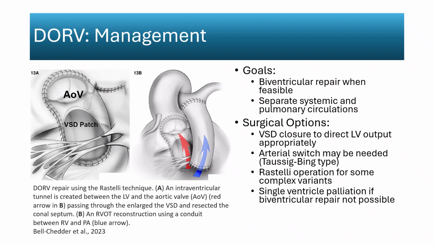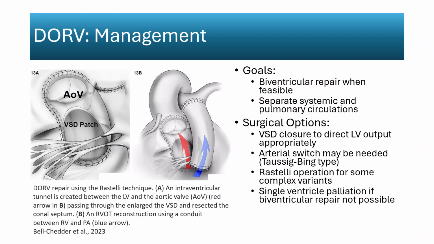In subpulmonary defects such as the Taussig-Bing anomaly, an arterial switch procedure may be required to establish correct ventricular arterial connections. For more complex cases with outflow tract obstruction, the Rastelli operation provides a pathway by routing left ventricular blood to the aorta through the septal defect and placing a conduit from the right ventricle to the pulmonary arteries.